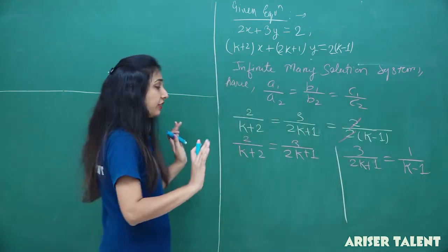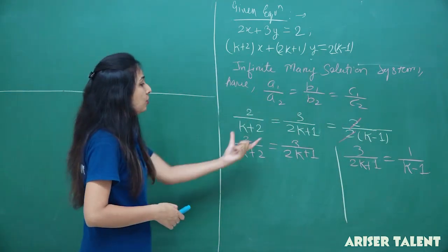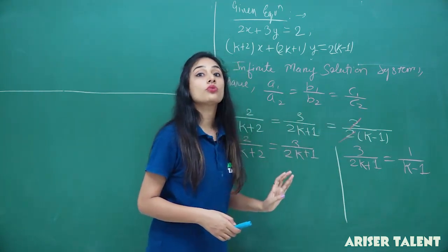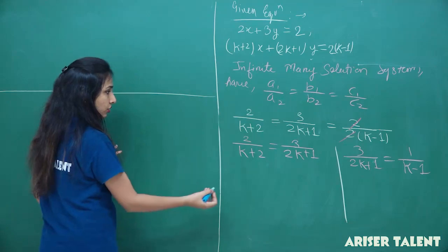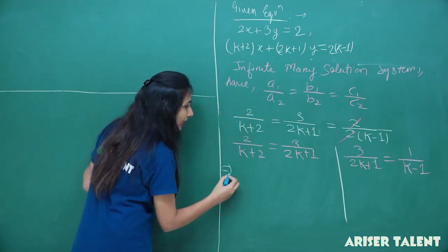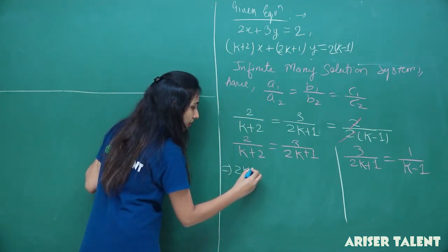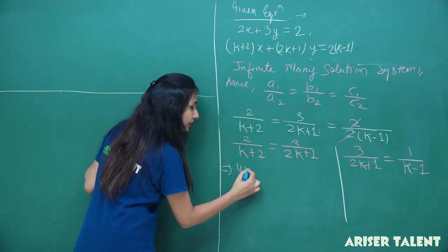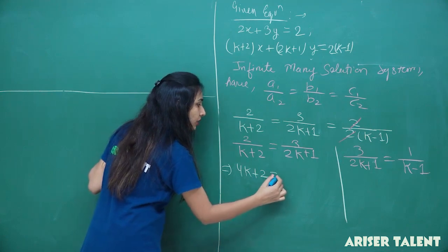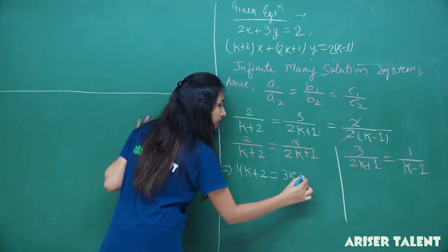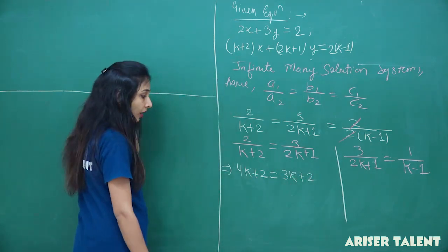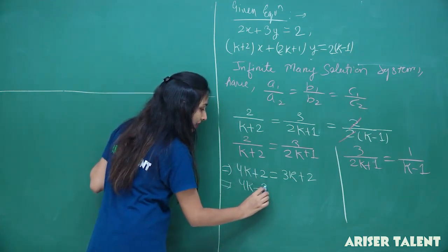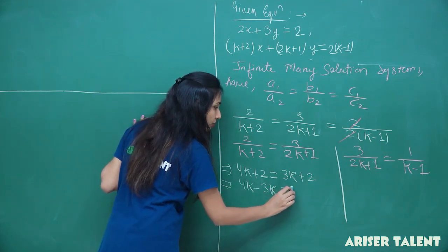You can choose any of these pairs. From there you will get 2 multiplied by 2k is 4k, so 4k plus 2 equals 3k plus 2. From here, you will find that 4k minus 3k equals 2.